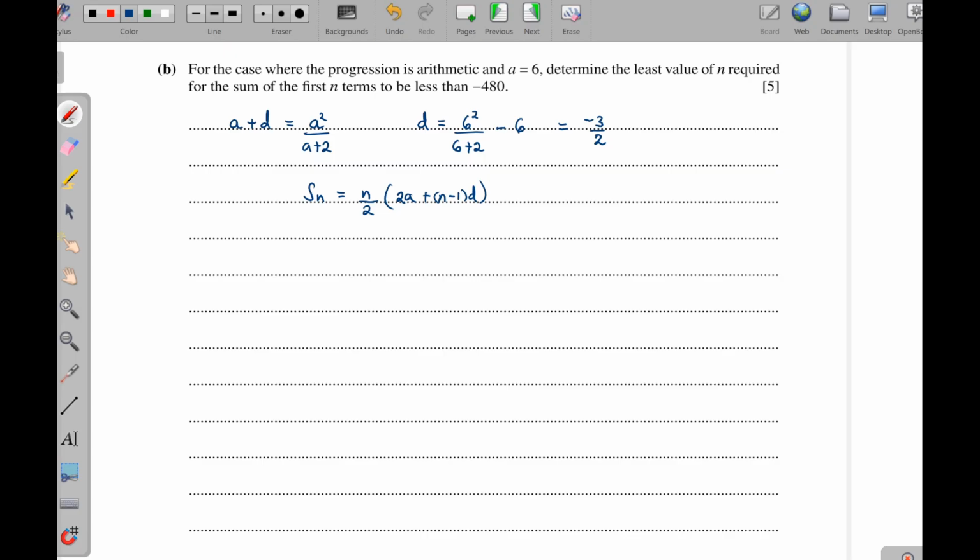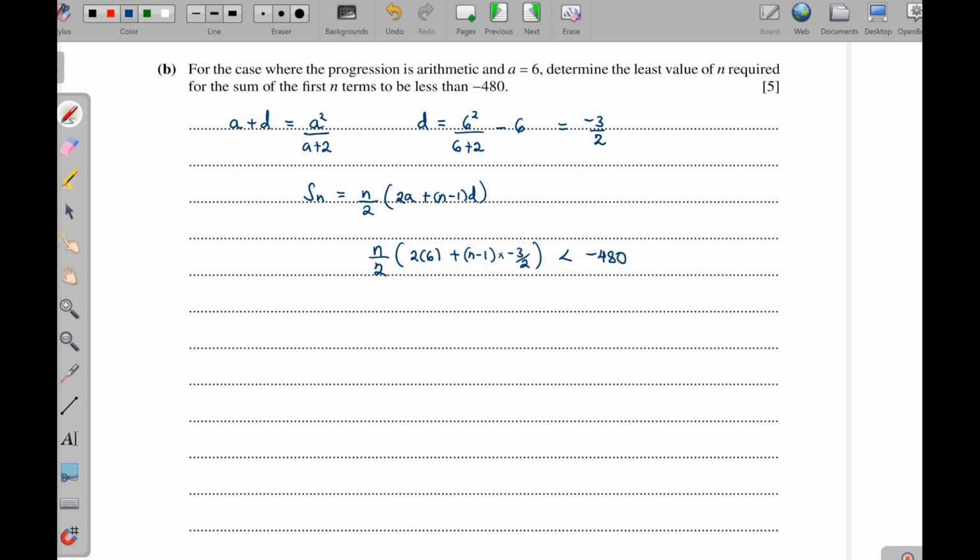So they said this one here has to be less than negative 480. So we shall have n over 2 into (2 times the 6, plus (n minus 1)), our d is negative 3 over 2, and this has to be less than negative 480. Okay? Then when we multiply, we can actually multiply all through by 4.